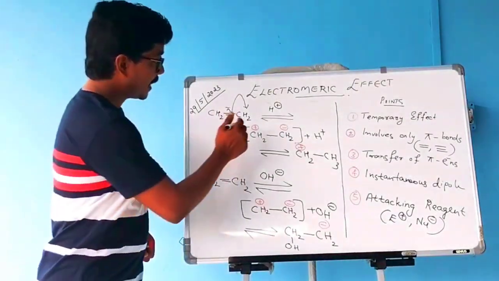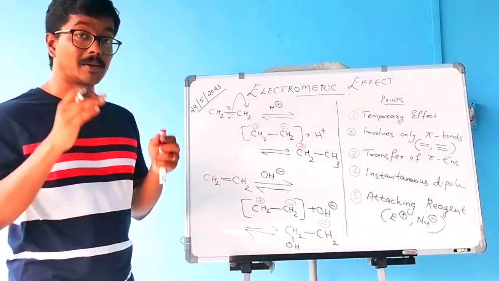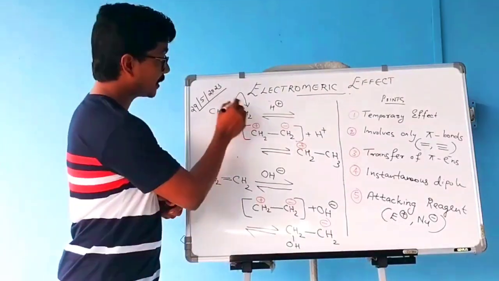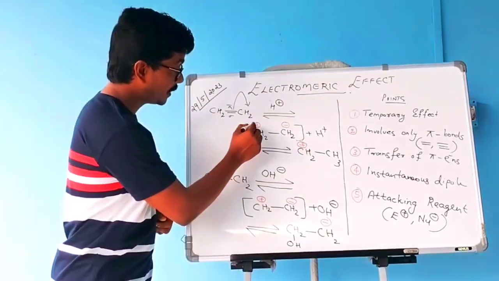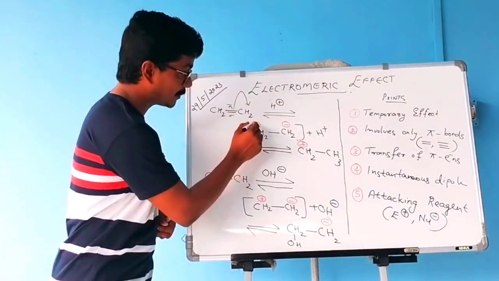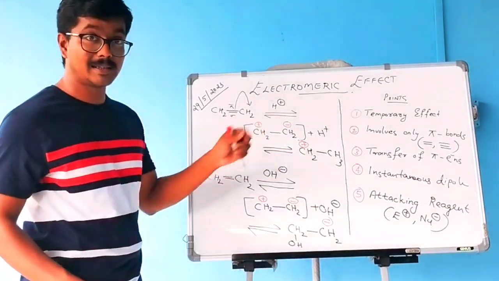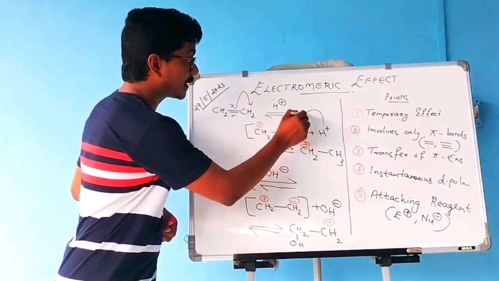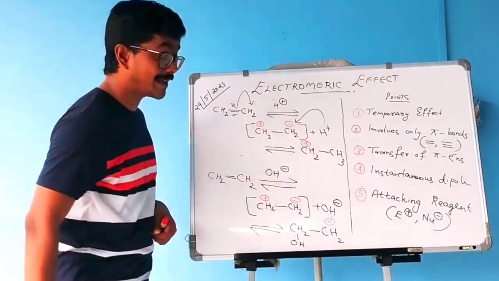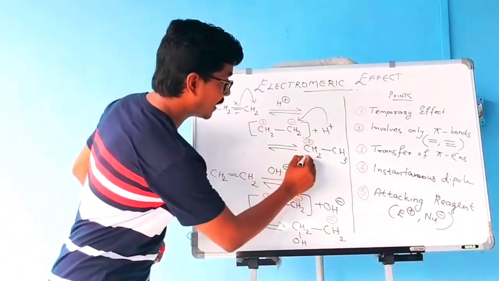As a result of that, an instantaneous dipole or polarity is created on this pi bond compound molecule. So a plus charge on one carbon and a minus charge on the adjacent carbon. This hydrogen will attack the negatively charged carbon atom, forming a carbocation.